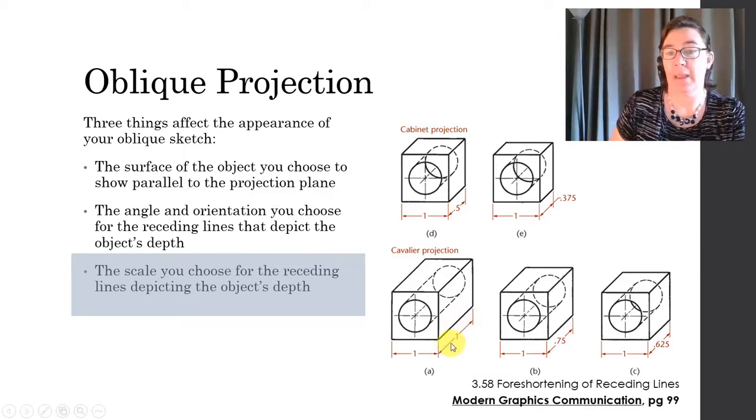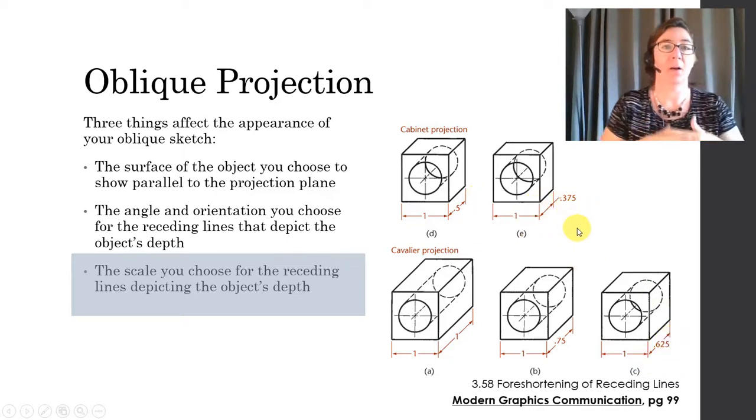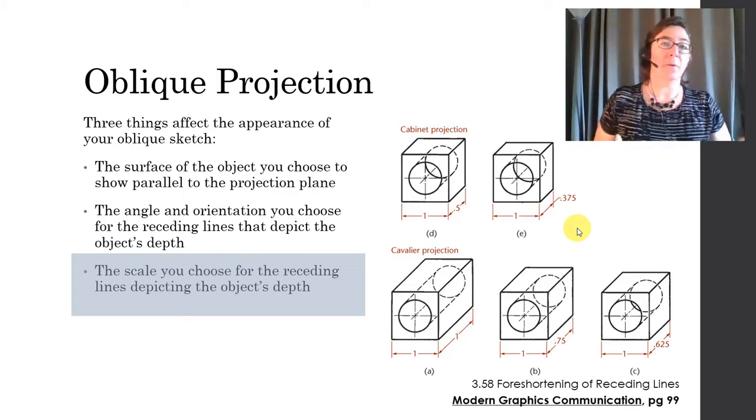So here in this direction is a 100% or a 1 scale. Here would be a 75% scale and even less. Okay, so depending on your intent, your design intent, you can actually choose to vary that scale.